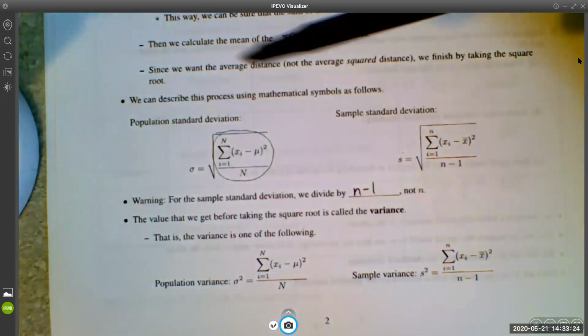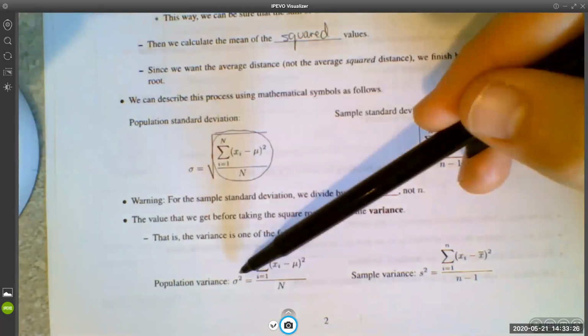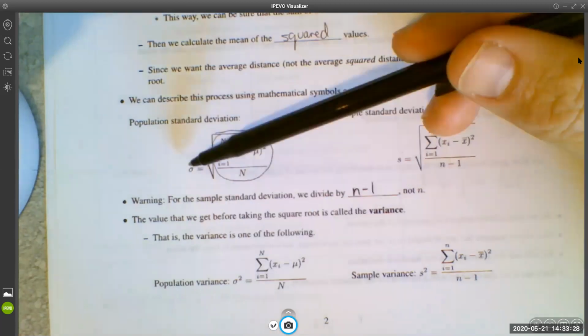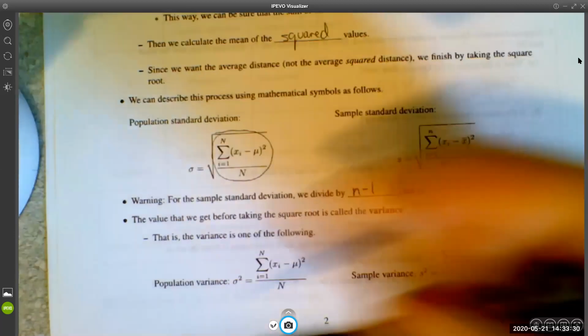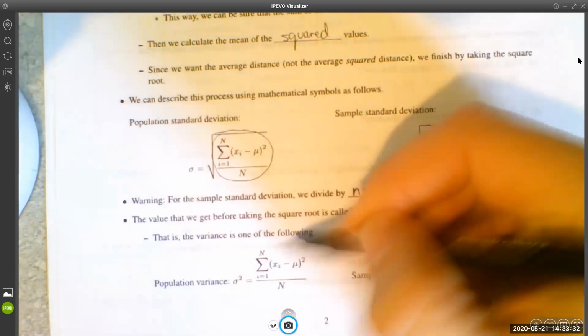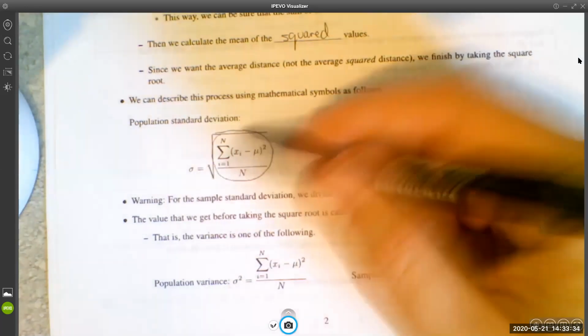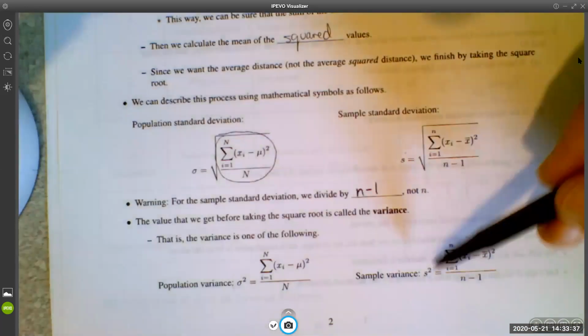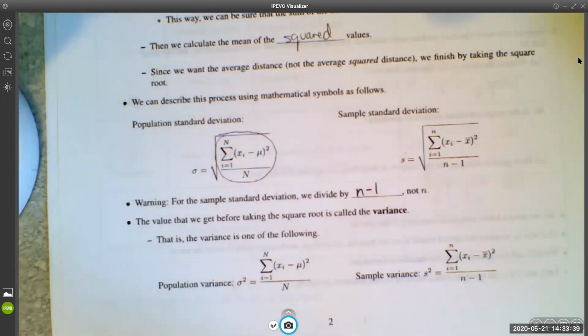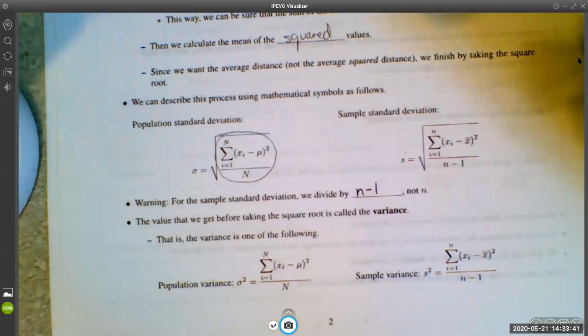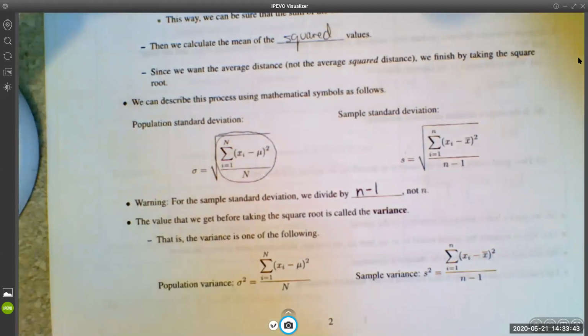If the variance is sigma squared, then the standard deviation, you take the square root of both sides, and you get sigma equals square root of this stuff, right? Same thing with the sample variance and sample standard deviation. So they're related. The standard deviations are just the square root of the variance, okay?